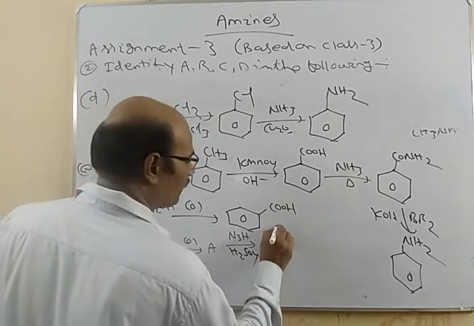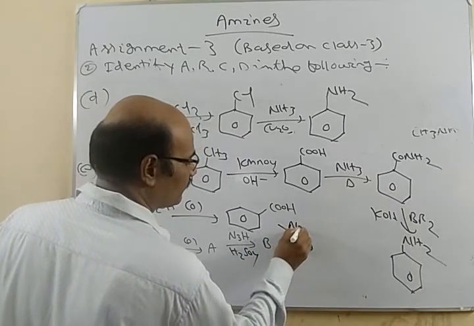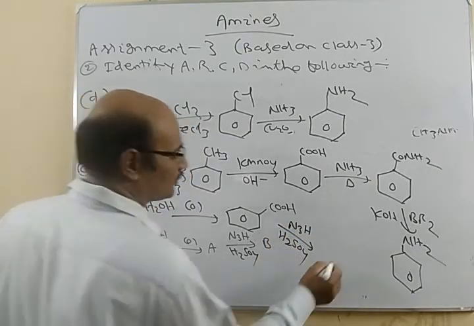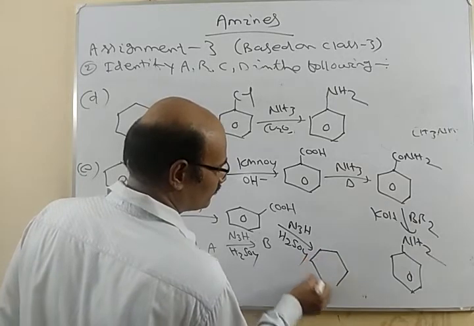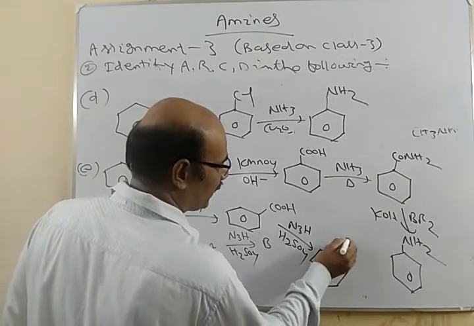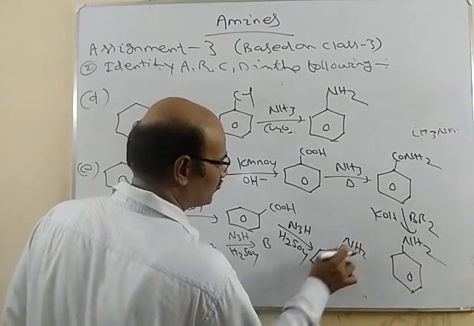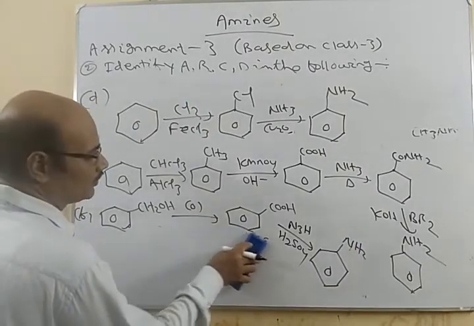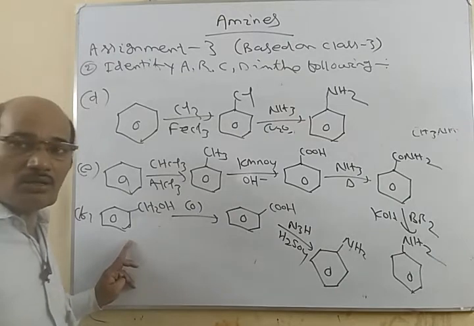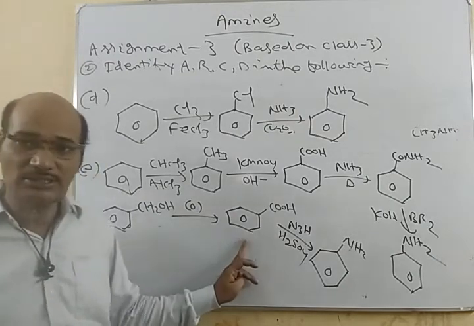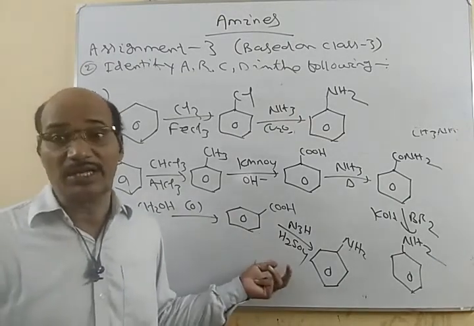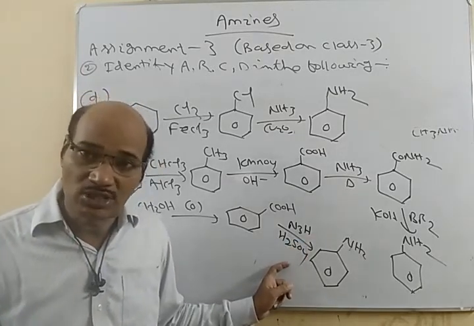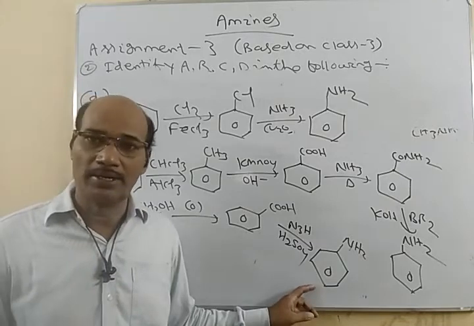Okay. Then N3H, H2SO4 will give what? Aniline with one carbon less. Clear? So benzyl alcohol undergoes oxidation to give benzoic acid. Now benzoic acid reacts with hydrazoic acid in presence of concentrated sulfuric acid to give what? Aniline. Clear?